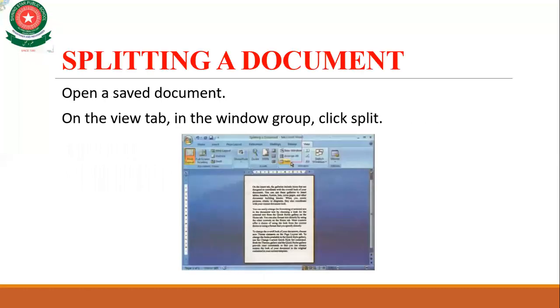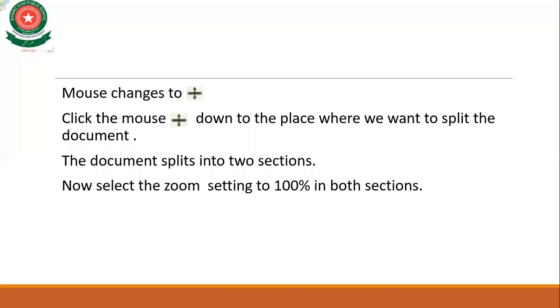So here, first of all, you open a saved document. Then in the Window group, click Split. Then there is a mouse cursor like that. Put the mouse cursor where you want to split the document. Then the document will be split into two sections.